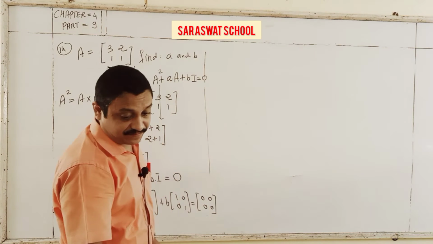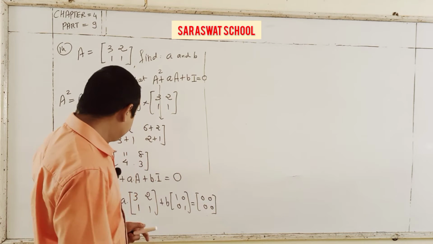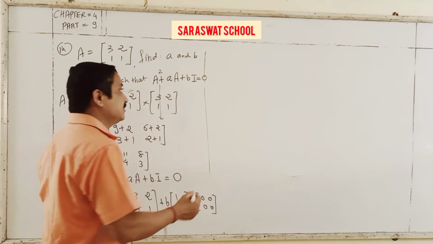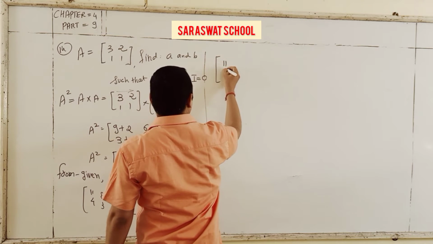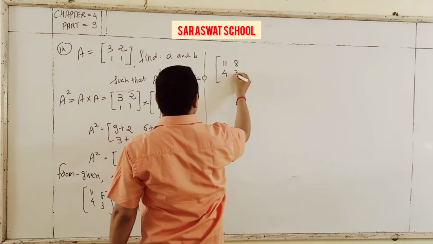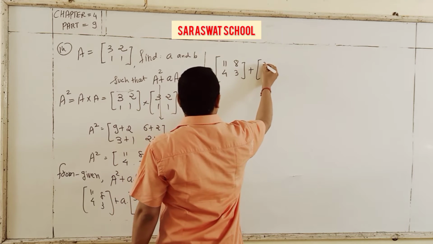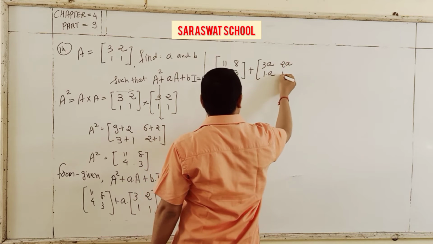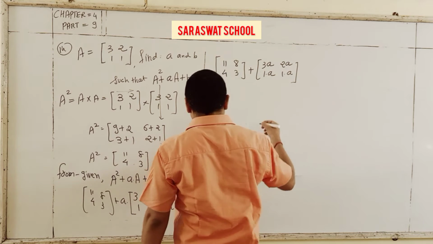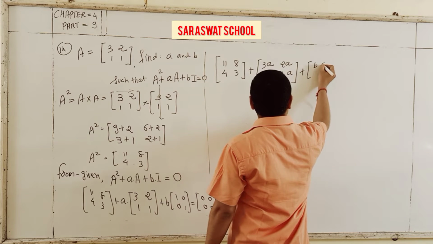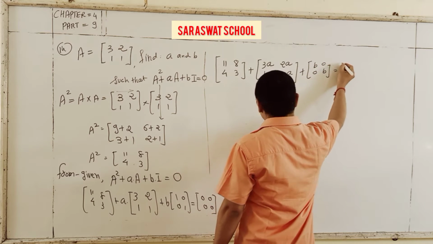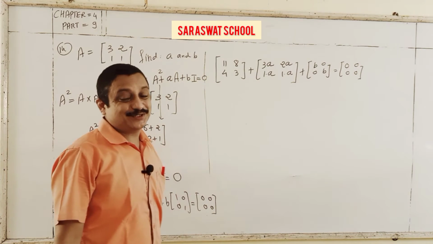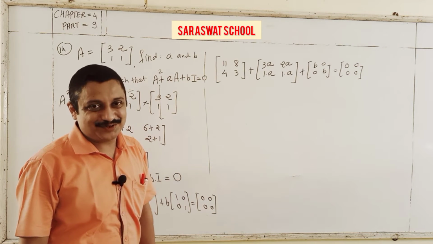Now go to the final solutions, and very easy. So my solution is this, a multiply inside, b also take multiply inside. So remaining are [11 8; 4 3] plus [3a 2a; a a] plus [b 0; 0 b] is equal to zero matrix. Actually, you are getting here two linear equations, then after solutions.